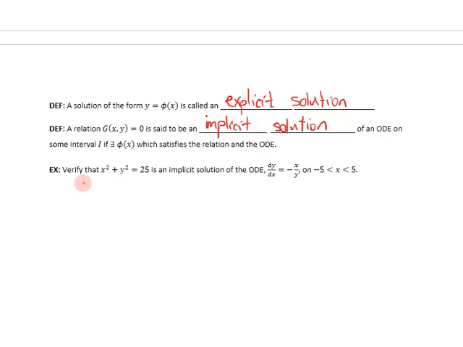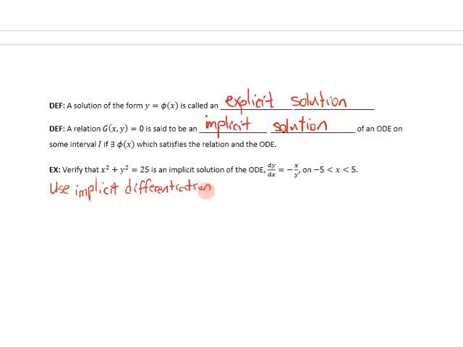If you verify that x squared plus y squared equals 25 is an implicit solution of this, what you're trying to show is that this has the property that it would satisfy this differential equation. Now, I can't easily just plug it in. What I've got to do is find dy dx, and the way you find dy dx for an implicit equation is to find the derivative using implicit differentiation.